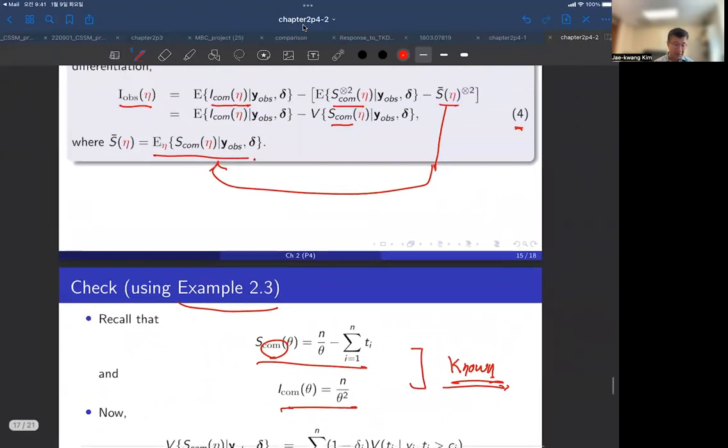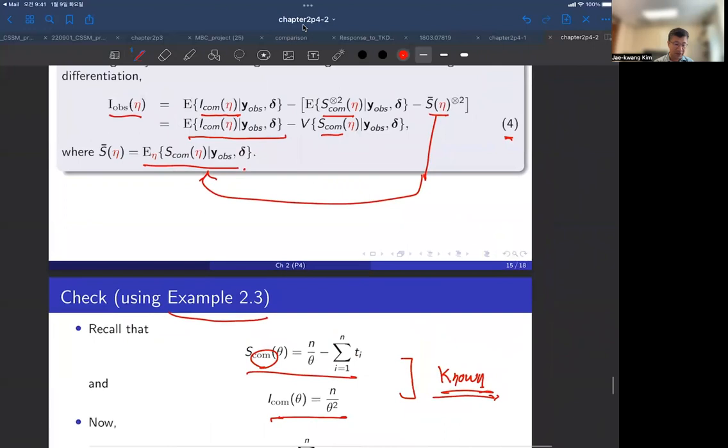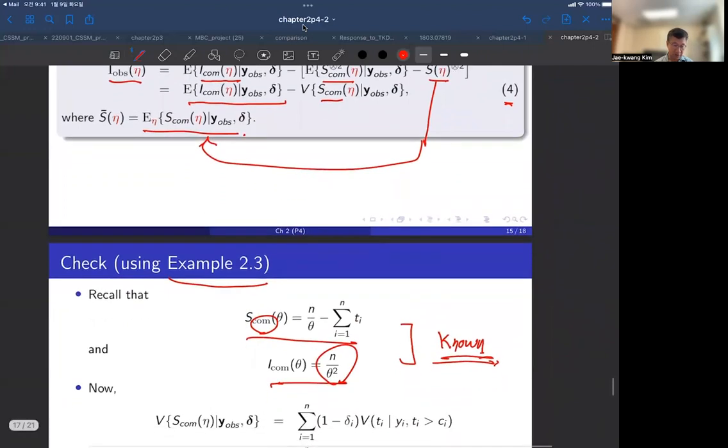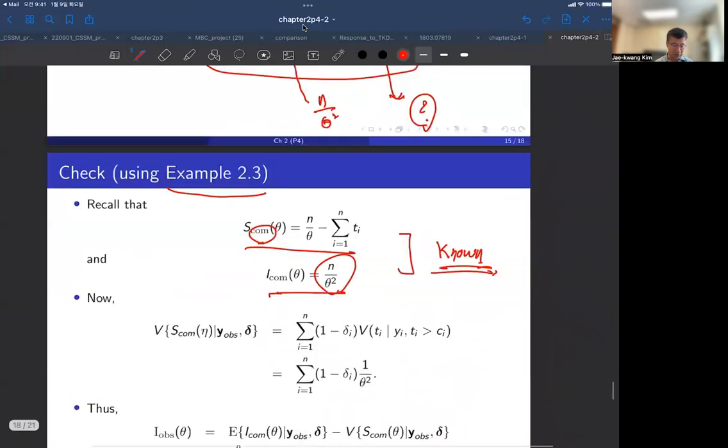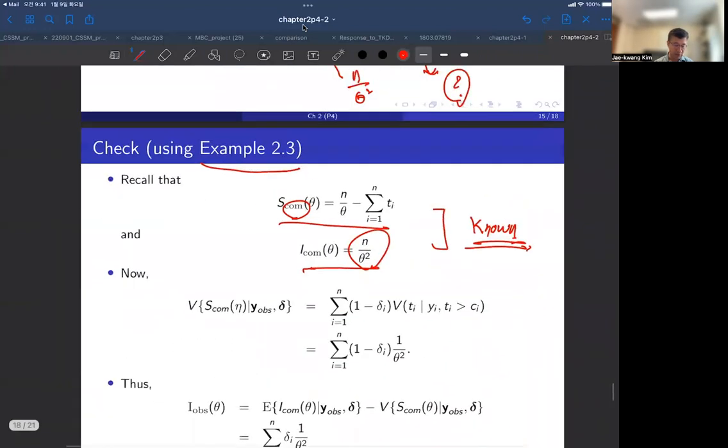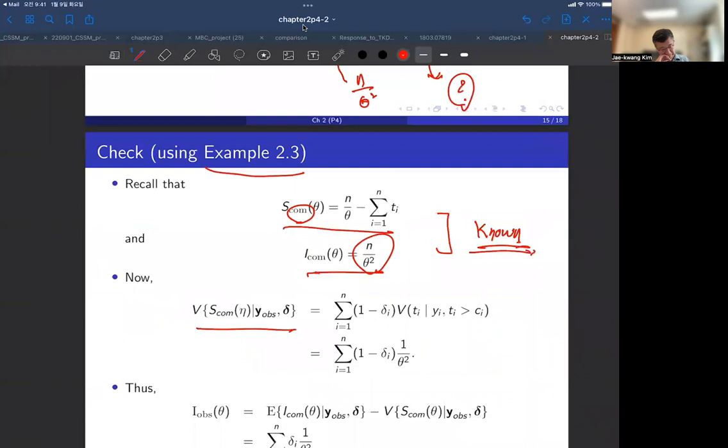The first part is easy, right? You don't have any random variables, so this is already known. This part is n divided by zeta squared. The only thing you need to compute is this guy. T is random, so the variance is this.